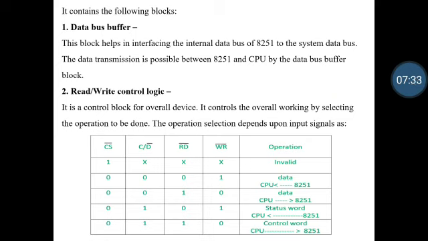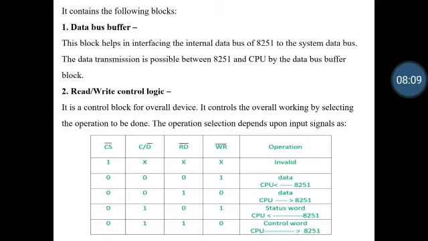It controls the overall working by selecting the operation to be done, and that operation selection depends upon the input signals. The input signals which are connected to the control block are given in the table. You can see in the figure that the signals are chip select signal, C/D bar, that is the control word or data, read signal and write signal.